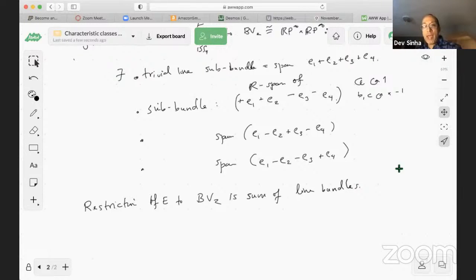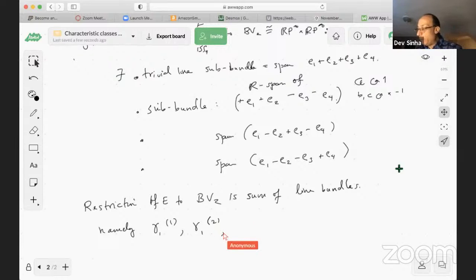Well, if A acts by 1 and B and C act by -1, then really you have to name your copies of RP infinity, but we can just call that a tautological line bundle on one factor of your two factors of RP infinity, or the tautological line bundle on the second factor of RP infinity. So it's trivial on the first. It's that tautological bundle pulled back via the projection from RP infinity across RP infinity to RP infinity.